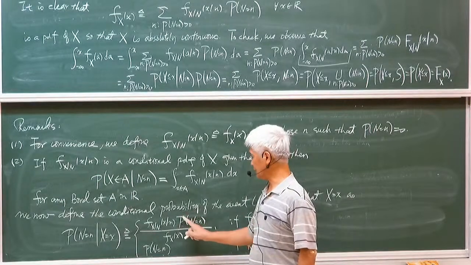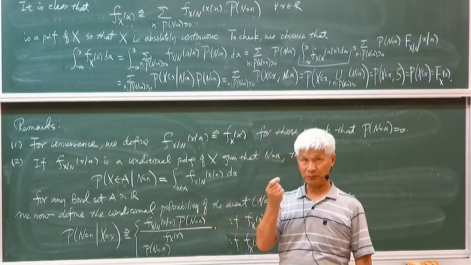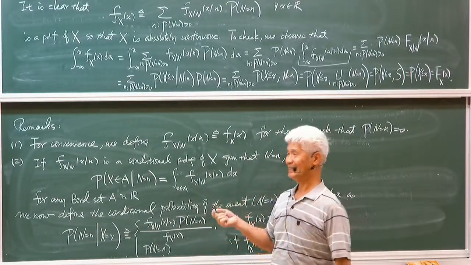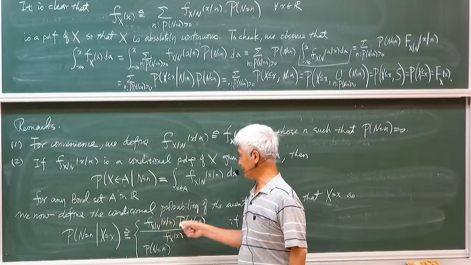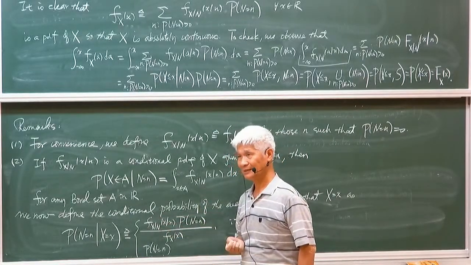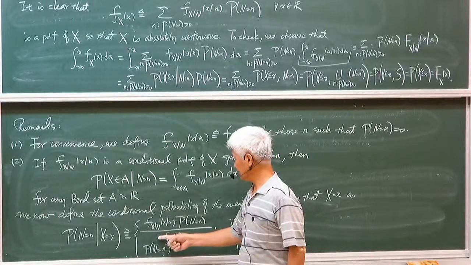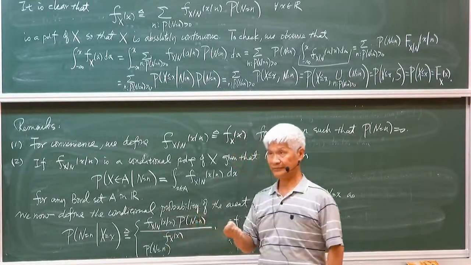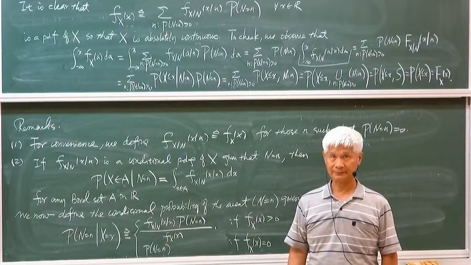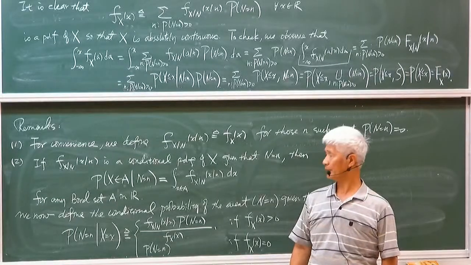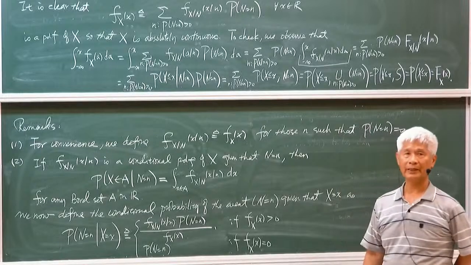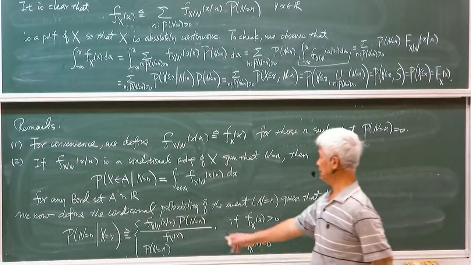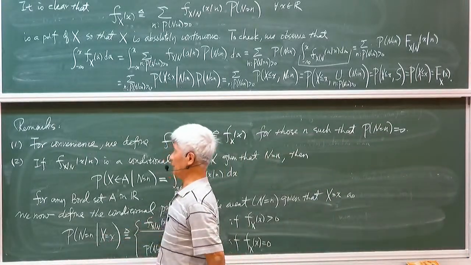Okay, so this is actually the PMF, right? So the numerator involves the PDF as well as the PMF, and the denominator is the PDF of random variable X. Okay, so this is our definition.